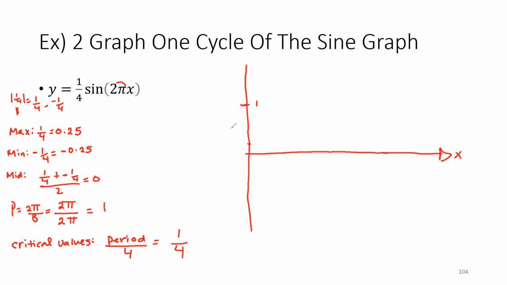Here's 1, so 1/4 is less than 1, right? So you could put 1/4 here, and then here's -1. This would be -1/4. Okay, and then we start at our critical value 1/4, and then you keep on adding 1/4 until you end up at 1, right?